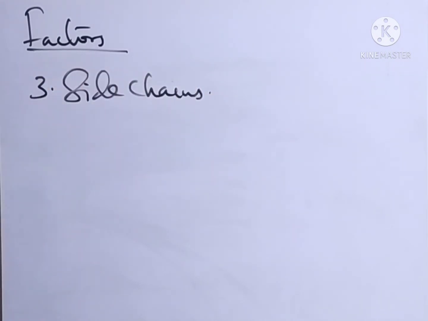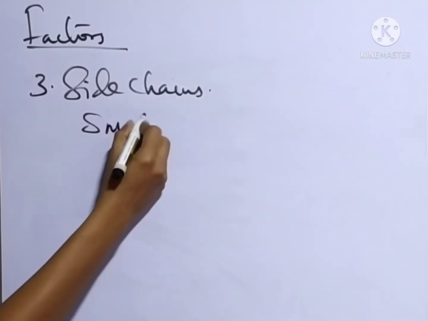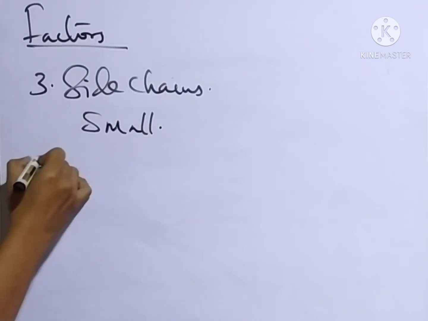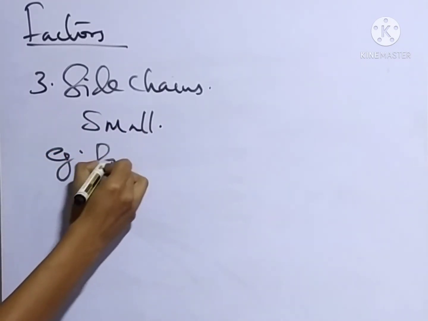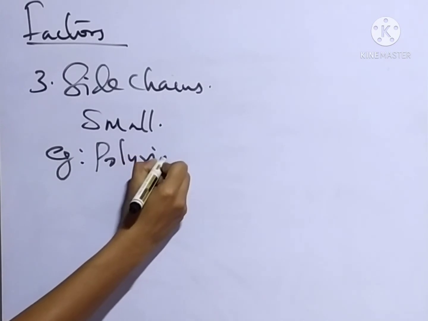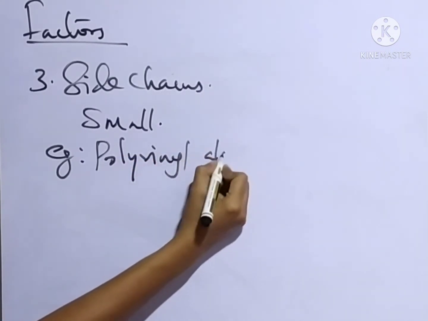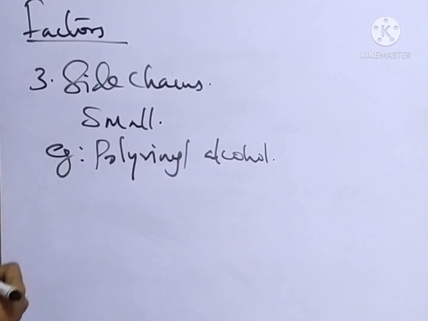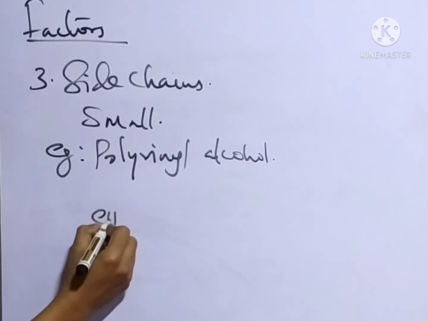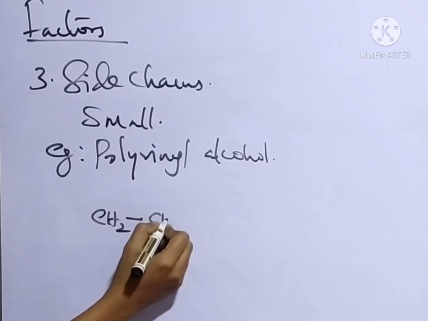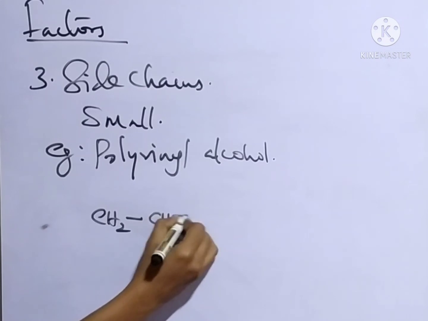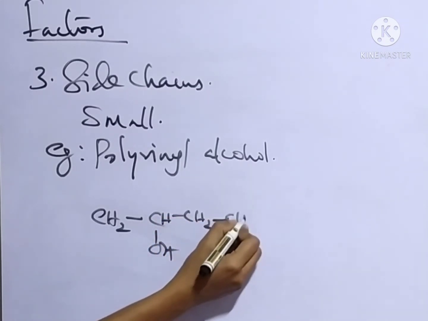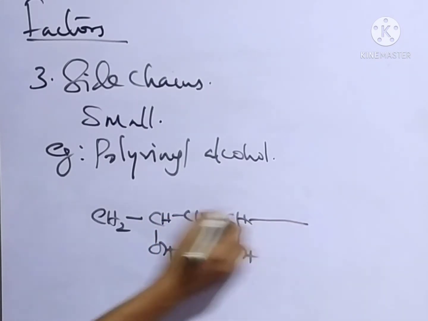And the next factor is side chain. So in some particular polymers, presence of some small side chains increases its crystallinity. The best example is polyvinyl alcohol. So the basic structure is this: CH2, CHOH, CH2, CHOH.